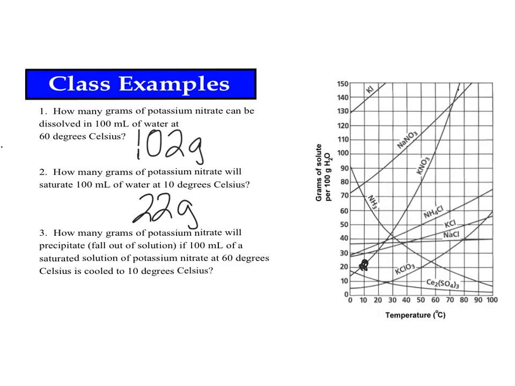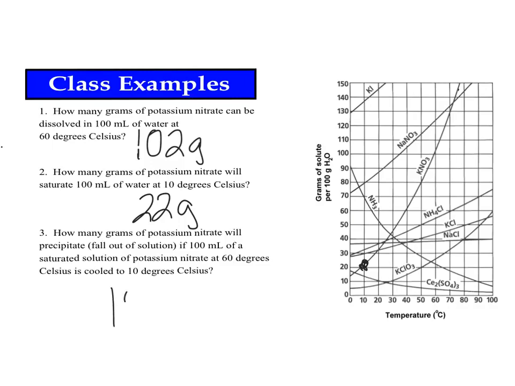Which means when I take that 60 degree solution and I cool it down to 10 degrees, I have to figure out how much of my solid falls out of solution. My solution can't hold 102 grams when it's at 10. It can only hold 22 grams, which means if I want to know how much would fall out, I just need to know the difference between 102 and 22.